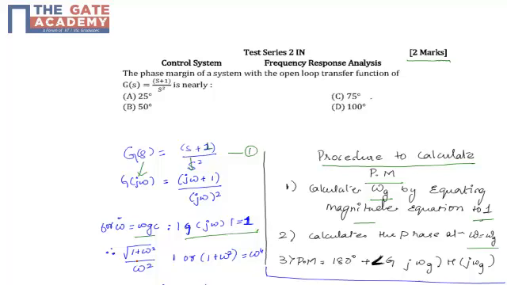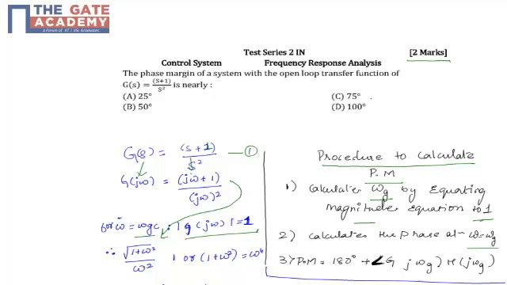If you simplify this, G(j omega), by substituting j² as -1, we'll obtain the root of (1 + omega²) by omega², which is equal to 1, because we have to equate the magnitude equation to 1.